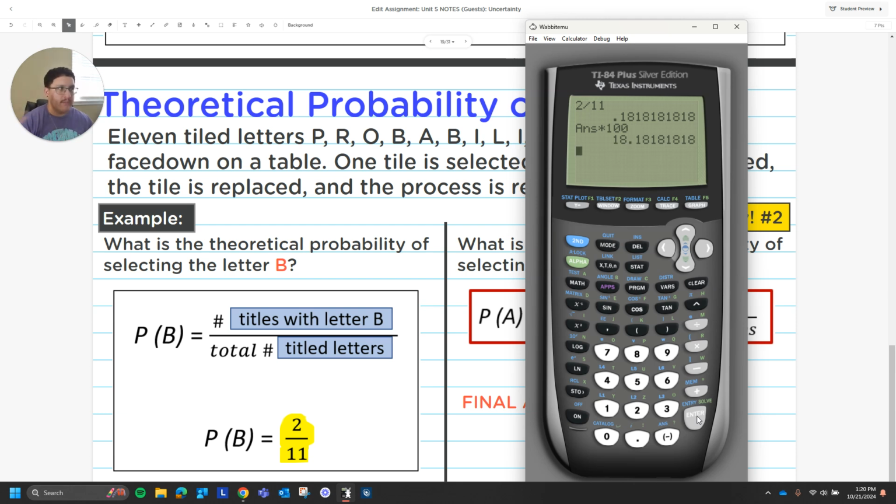Multiplied by 100, 18% or 18.2%, depending on where you round, is the probability that I will choose a B from these lettered tiles. Just showing y'all a different way to think about probability, because it's not always fractions. It's fractions, decimals, and percentages. Those all can represent probability, and you have to understand which to use in the scenario.